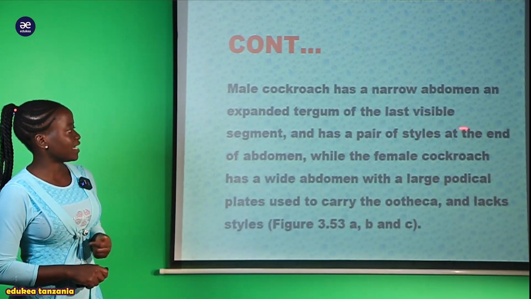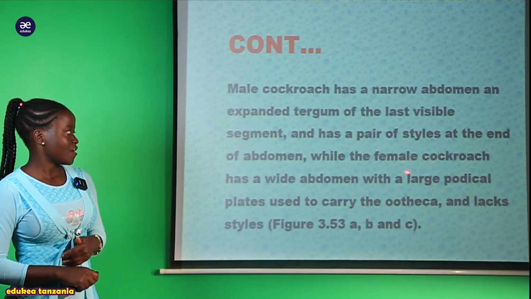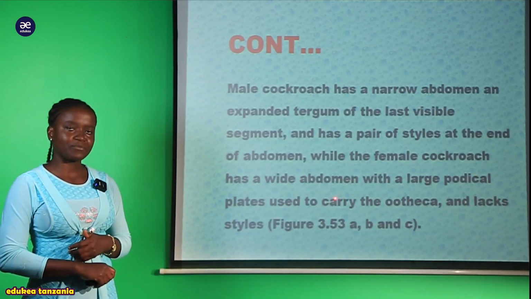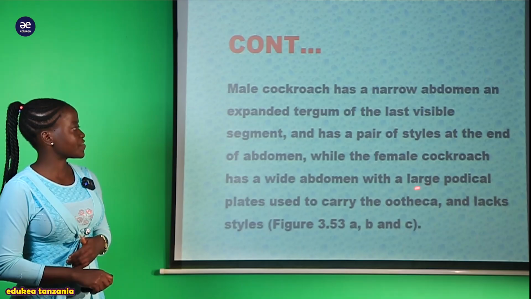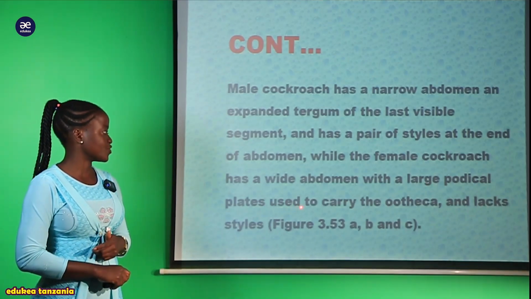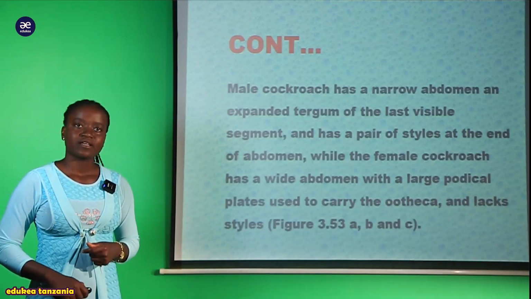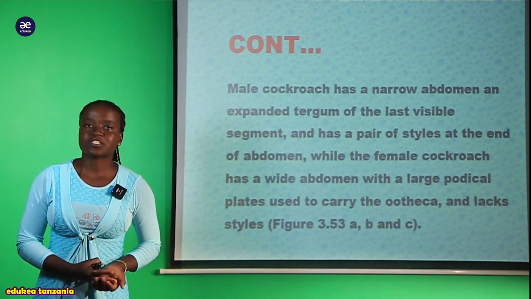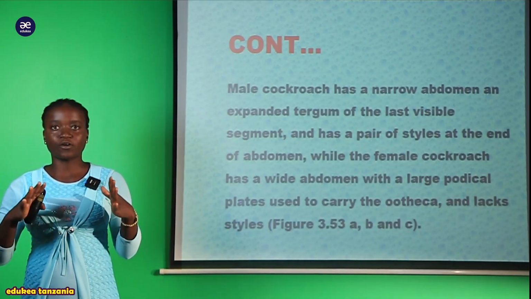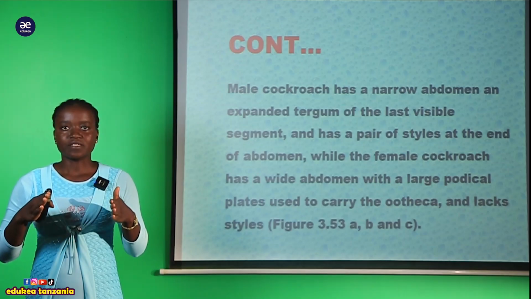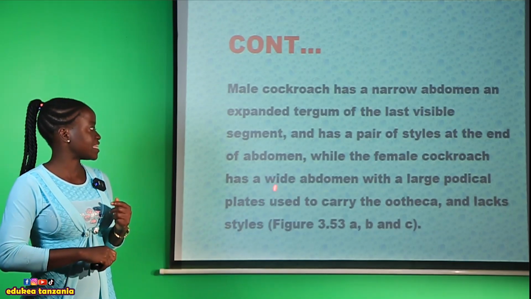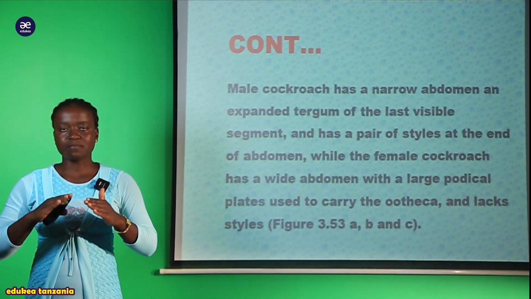And now ukija ukiangalia kwenye structure ya female cockroach, it has a wide abdomen with a special pedicle plate used to carry the ootheca. So hao organism pia tunasema ukiangalia structure ya female cockroach kule kwenye abdomen, they have a wider abdomen, yani imetanuka.